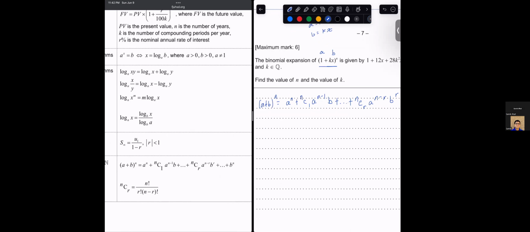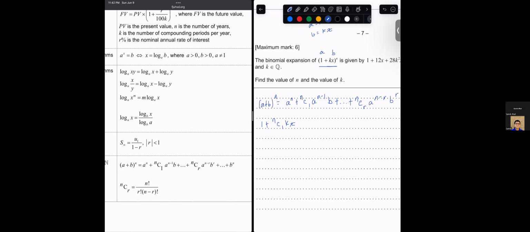So first thing is obviously 1. And 1 raised to anything is what? 1, right? 1 raised to 0, 1 raised to 1, 1 raised to 2, 1 raised to 3 is always going to be 1. The first term is 1, hence plus nC1, and we have kx, because we have nC1 with a raised to n minus 1.